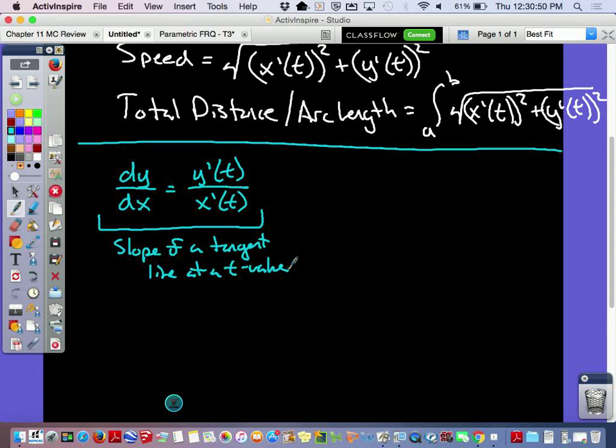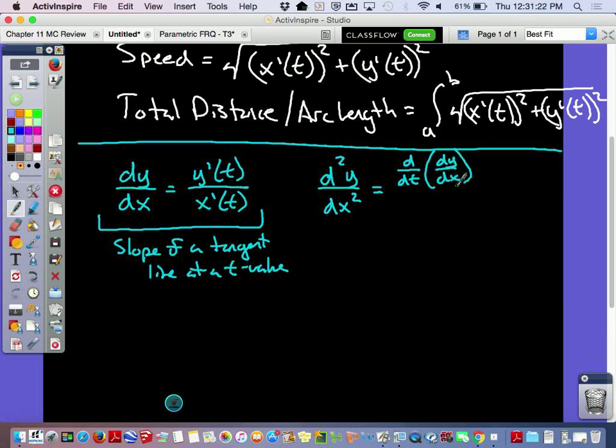But every once in a while in the AP exam, not so much in an FRQ, but you'll see a multiple choice question that will ask you for the second derivative. That's the second derivative of y with respect to x. And we'll practice this a little bit more as we get closer to the AP exam. But there's a formula for how to do this. And you would take the derivative with respect to t of dy/dx.